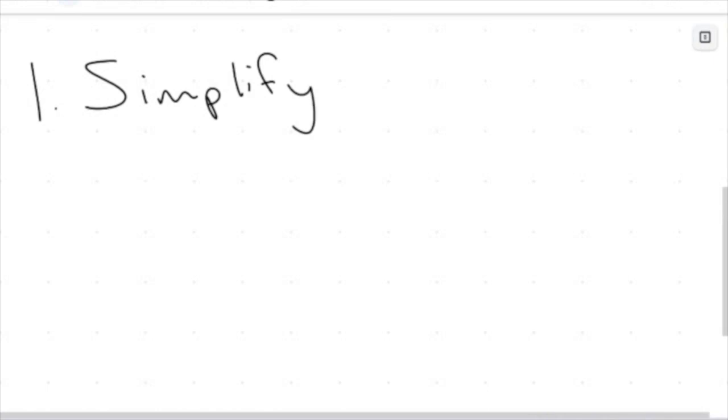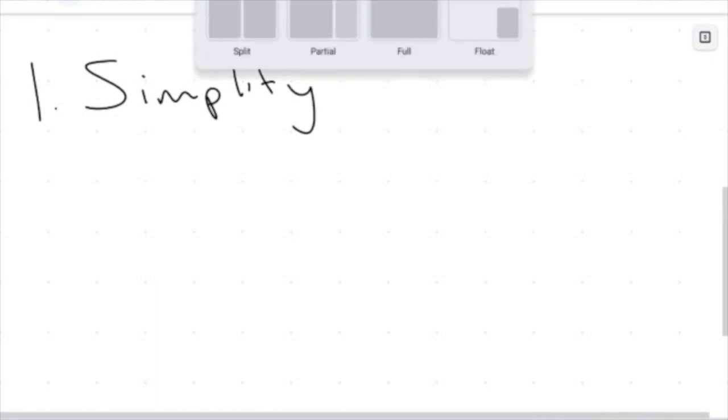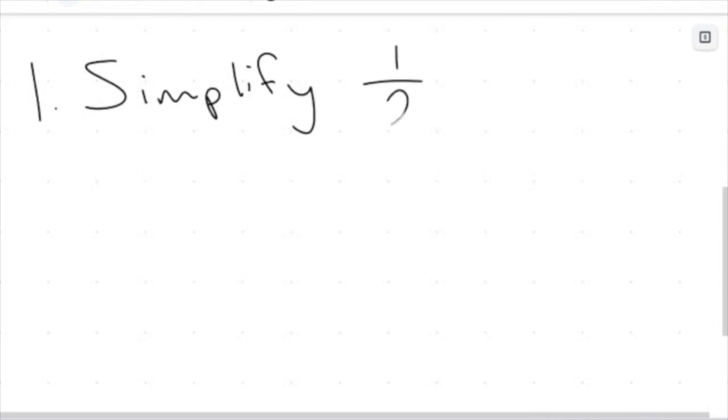I want to simplify, let's say, 1/2 to 1/3. What I'm saying here is that for each half I have of something, I need to put a third of another thing.